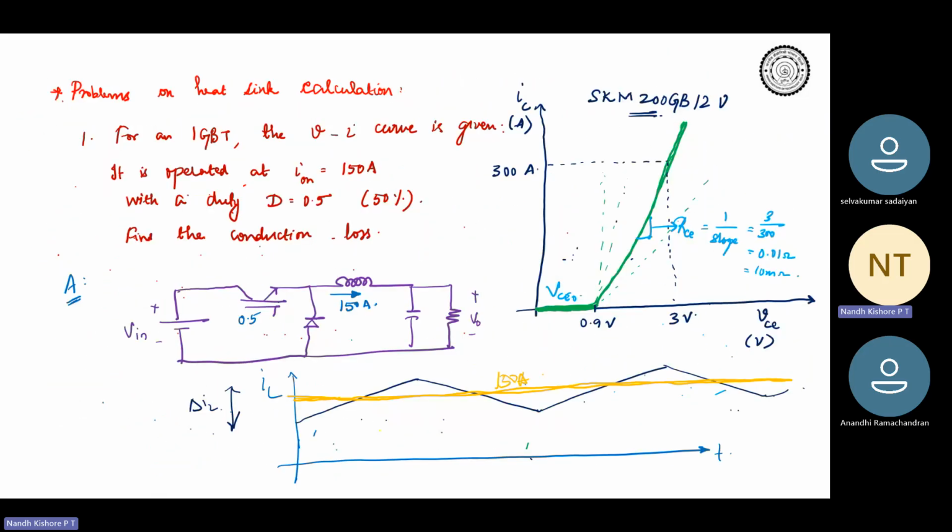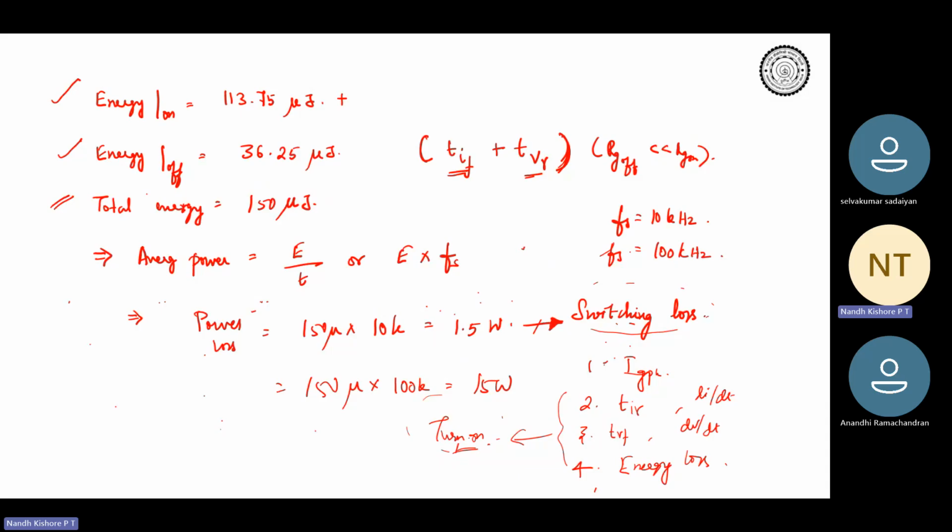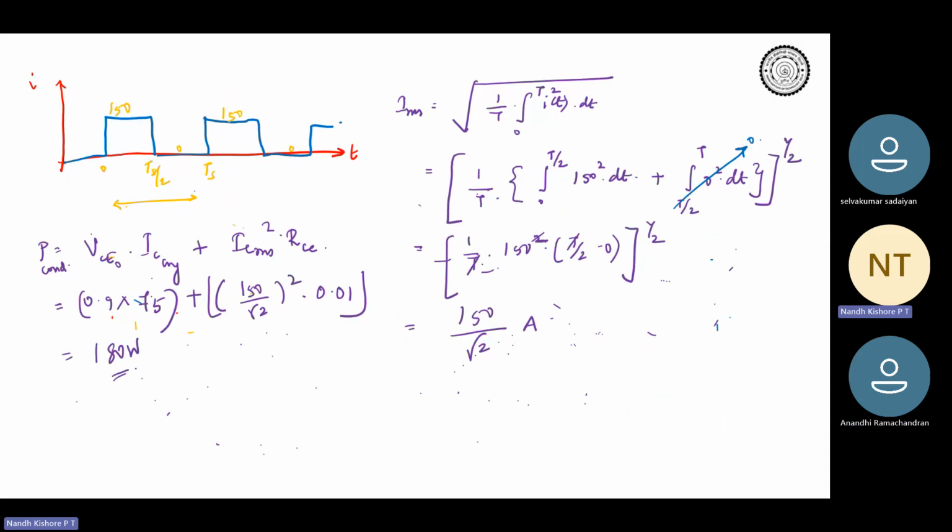That day we saw a switching loss of 15 watts, so let's assume it is the same. You cannot directly compare, of course, but for simplicity, let me take that switching loss.